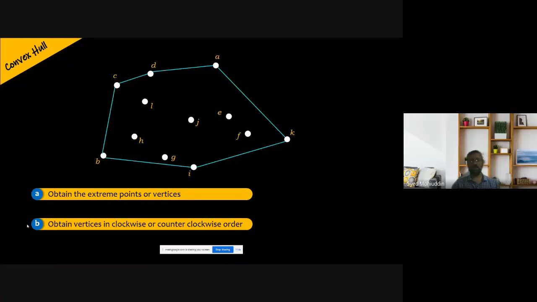If you take a clockwise direction, take a bigger thread or like a rubber band, and try to tie that rubber band on the outer vertices, whatever those vertices are, those become the convex hull, and all the points will lie on the convex hull or inside it. So we have two approaches. We can move in a clockwise direction, or we can also use a counterclockwise direction.